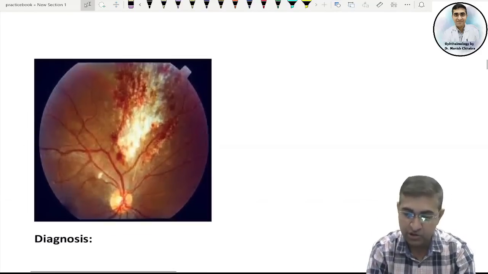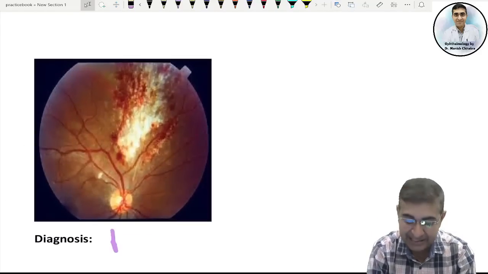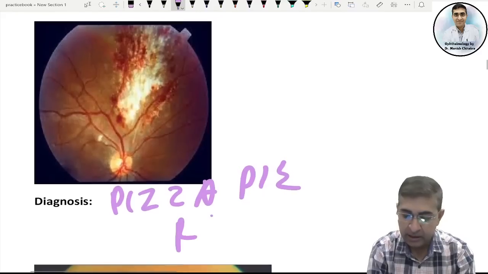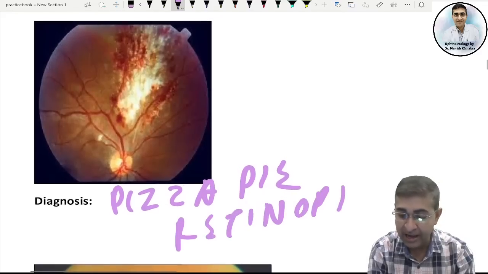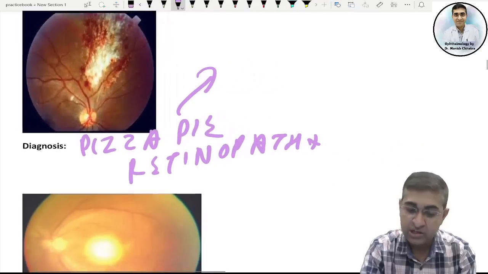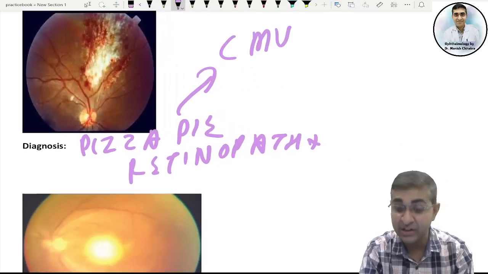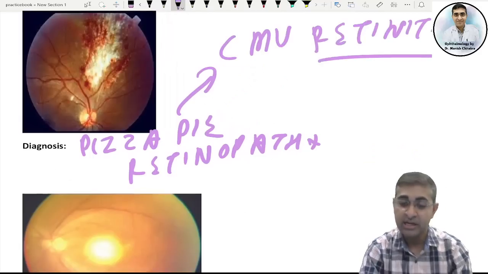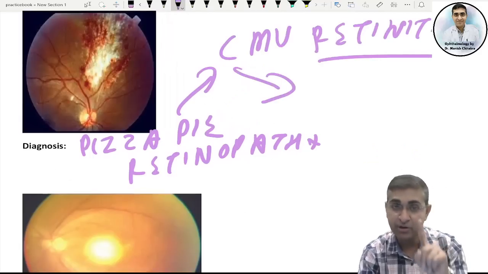Okay, what is your diagnosis? This is your pizza pie retinopathy, and this is typically seen in one disease, that is cytomegalovirus retinitis. Your previous year AIIMS question, CMV retinitis. What is the treatment of CMV retinitis?